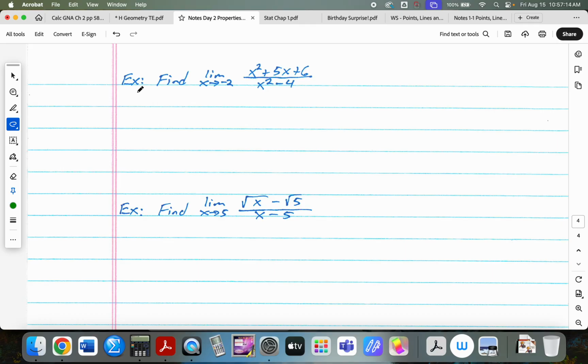I am going to evaluate the numerator and denominator separately here. So if I take the limit as x goes to -2 of x squared plus 5x plus 6, that's going to be 4 minus 10 is -6 plus 6 is 0. I'm okay with the numerator being 0.